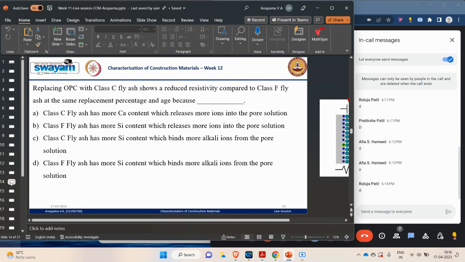What is the reason? Class C fly ash has more calcium content, which releases more ions into the pore solution. Or class F fly ash has more silica content, which releases more ions into the pore solution. Or class C fly ash has more silica content, which binds more alkali content from the pore solution. Or class F fly ash has more silica content, which binds more alkali ions from the pore solution.